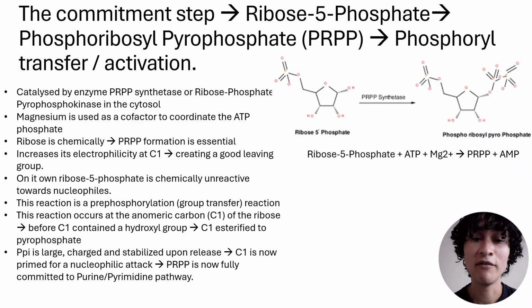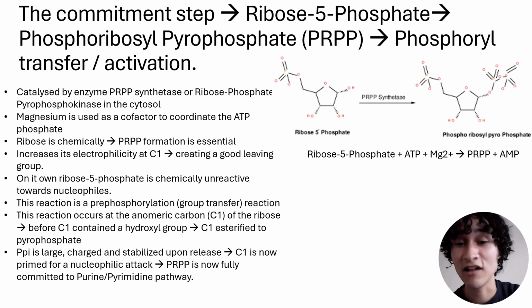Now, pyrophosphate is a large, charged and stabilized molecule, and upon release it wants to be on its own. Okay, upon release it's very stable, so it allows that C1 carbon to be primed for a nucleophilic attack, or to act as an electrophile. Okay, by phosphorylating it, by adding those two phosphates, our pyrophosphate, we've created a good leaving group that actually wants to get out.